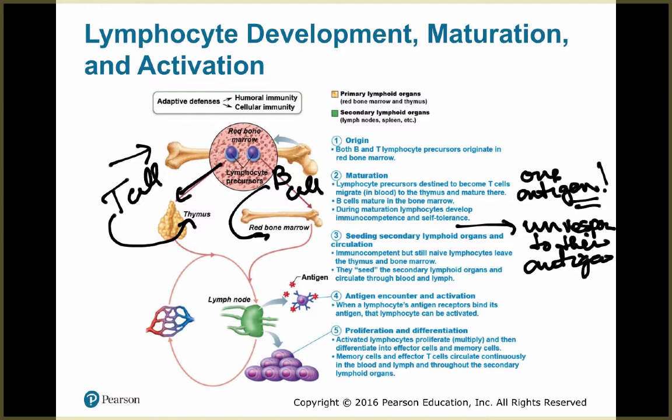And so T cells here actually mature in the thymus, and they have both positive and negative selection processes.